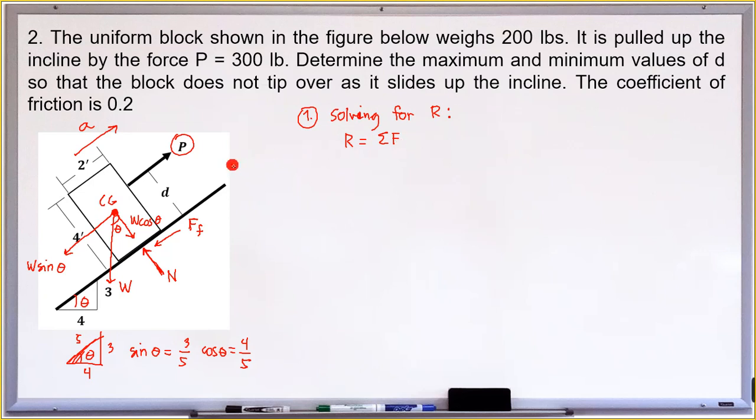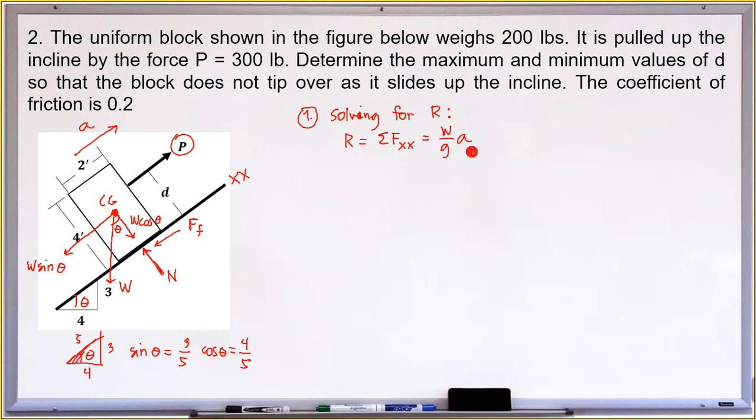Since our direction of motion is along the incline, we treat the axis along the incline as XX, no? So the summation of forces along XX should be equal to the weight of the rigid body over g times the acceleration. I will tell you first, we're not lucky because the acceleration is unknown.